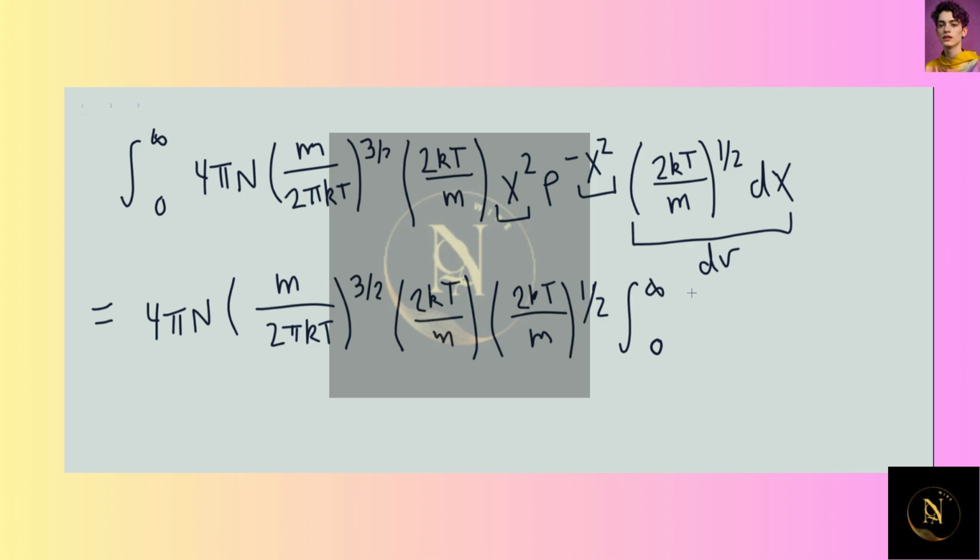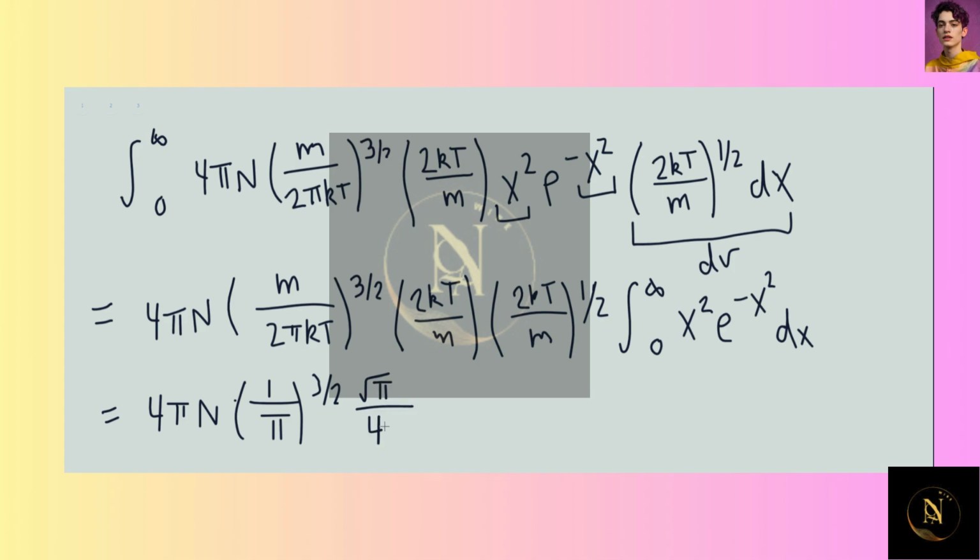The integral that we actually have to do is real simple now. It's just x squared e to the negative x squared, which is the Gaussian integral given in the table on the previous page. Completing the integral, we have 4 pi N times 1 over pi to the 3 halves times root pi over 4, which, simplifying, will be N. So it was a fairly difficult integral.